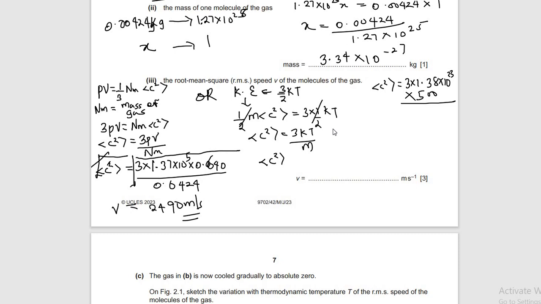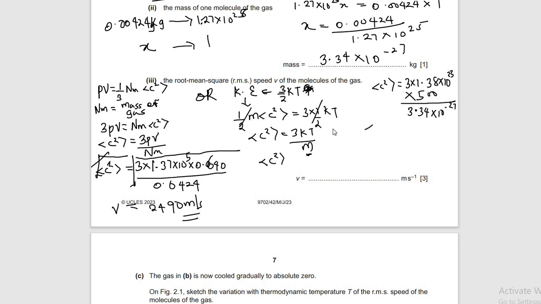In this case, this mass is the mass of one molecule, because you are discussing the kinetic energy of one molecule. This formula is about the kinetic energy of one molecule of gas. So the mass is the mass of one molecule, which is 3.34 times 10 to the power minus 27.